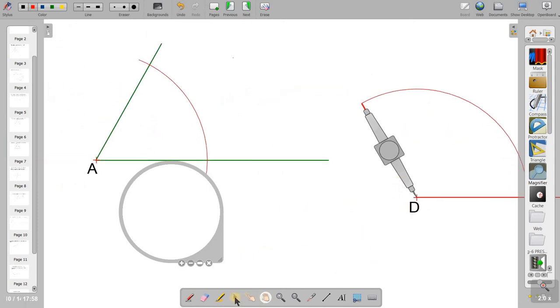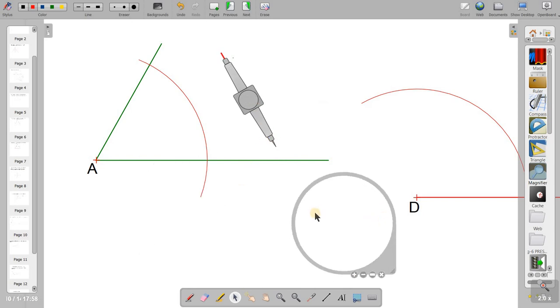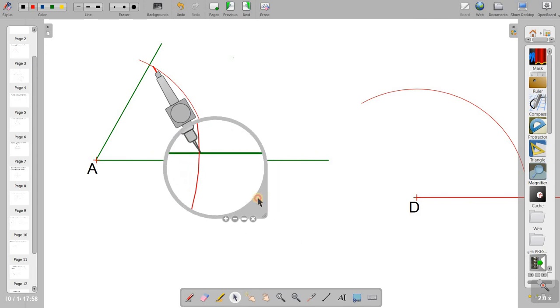I will keep the compass at the point of intersection of the arc drawn on the horizontal arm of the first angle. You see, it is kept exactly there.